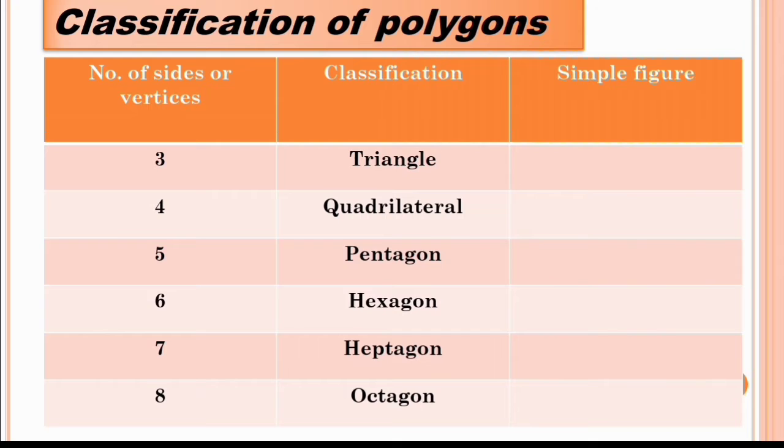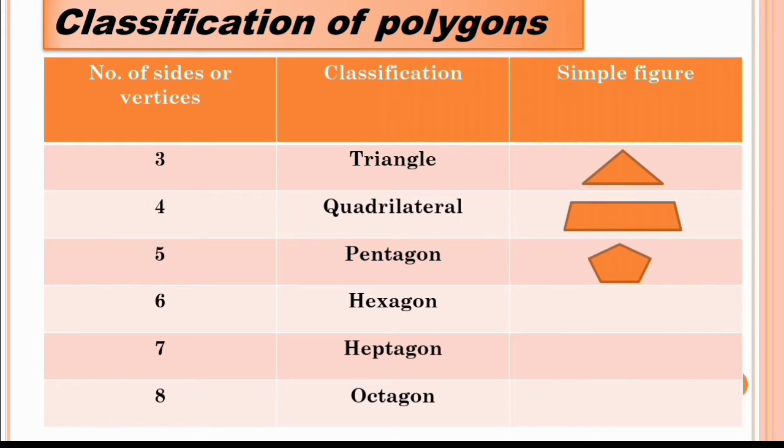Classification of polygons. Look at this table, students. As we know, if a figure has three sides or vertices, it is called a triangle, and if a figure has four sides or vertices, it's called a quadrilateral. And if any figure has 5 sides or vertices, it's called a pentagon.